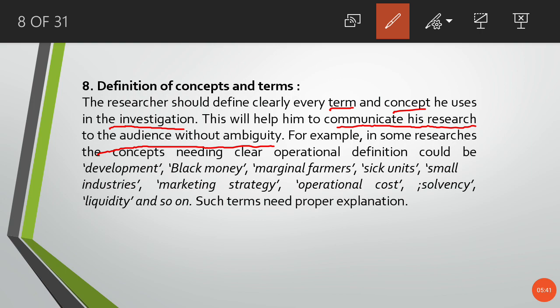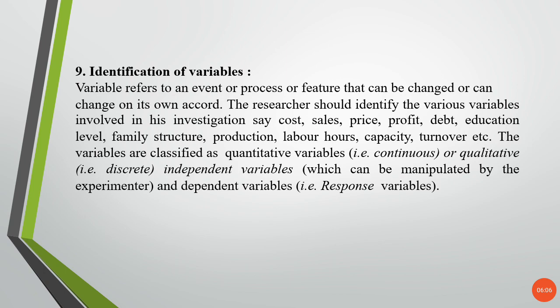For example, in some research, the concept needing clearly operational definition could be development, black money, marginal farmers, sick units, small industry, marketing strategy, operational cost, solvency, liquidity, and so on. Such terms need proper explanation.